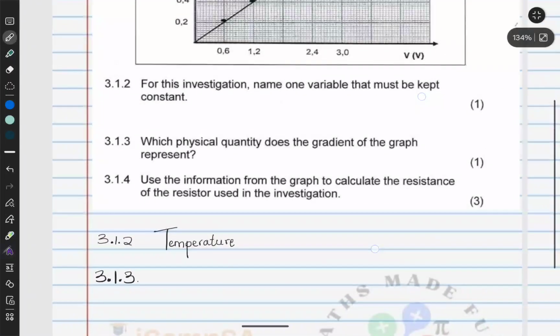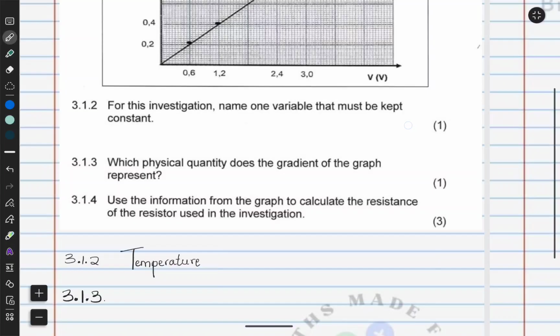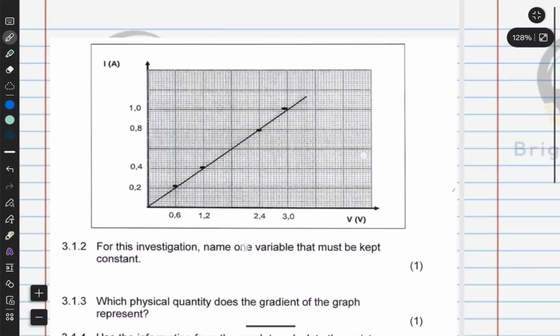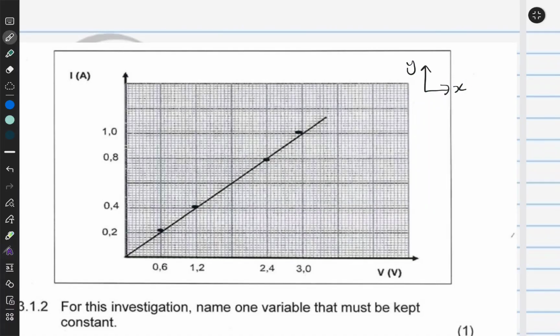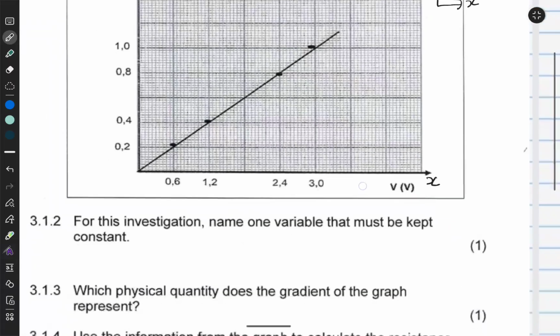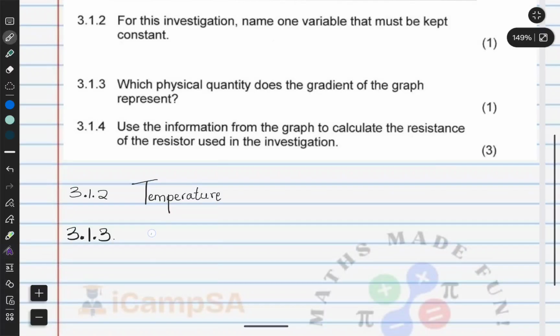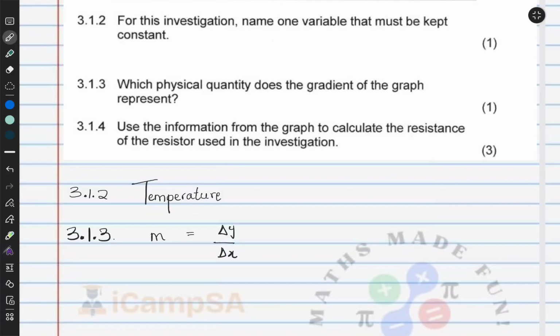Which physical quantity does the gradient of the graph represent? If we go to the graph and we check, our graph should pretty much always have an x and a y axis. Now this is our x and this is our y. And we know that a gradient is usually delta y over delta x.